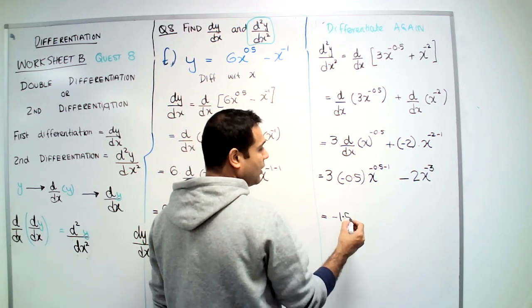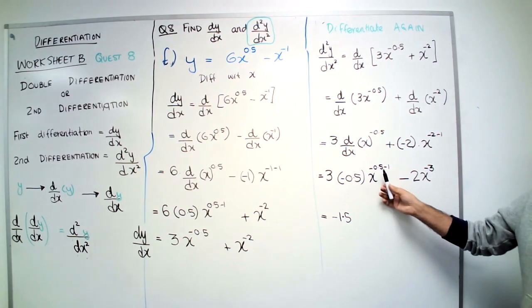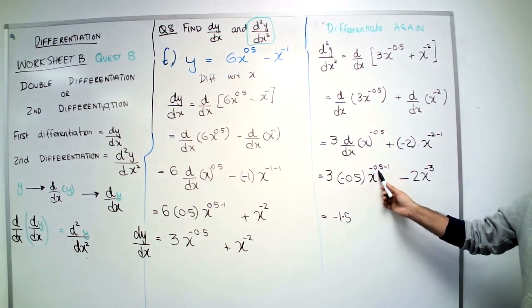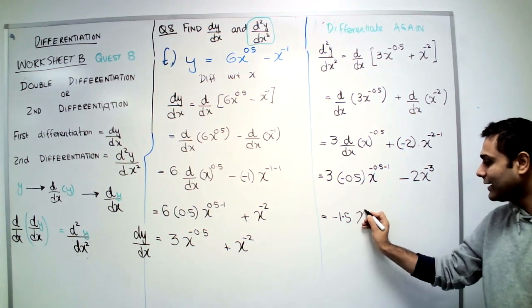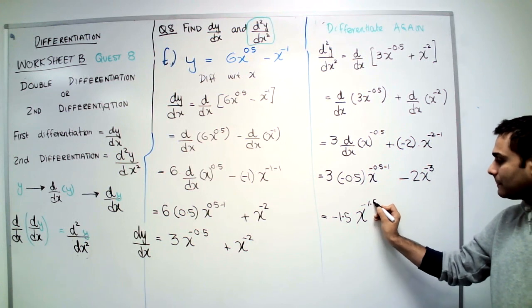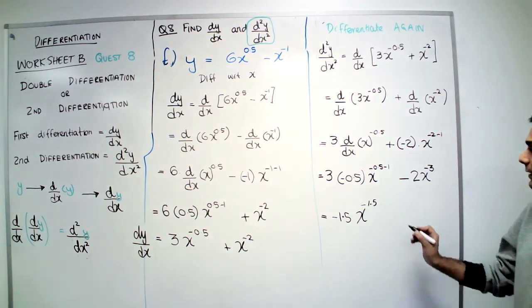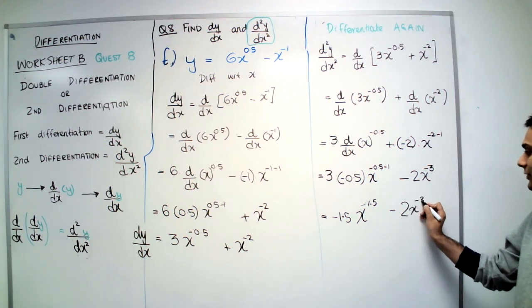Now here, this will become x^-1.5 because minus half and minus 1 is minus 1.5. So x^-1.5, and minus 2x^-3.